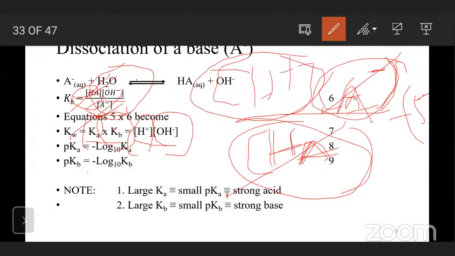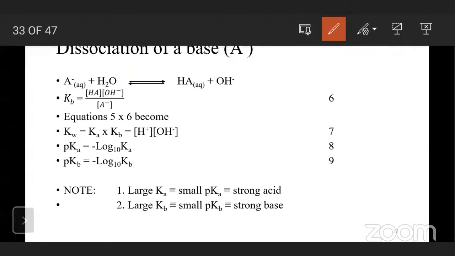Also, if you want to determine the parameter that we call pKa, that's another way of writing the dissociation constant of an acid. But now we are considering the power to which it is raised, and that is on the logarithmic scale.